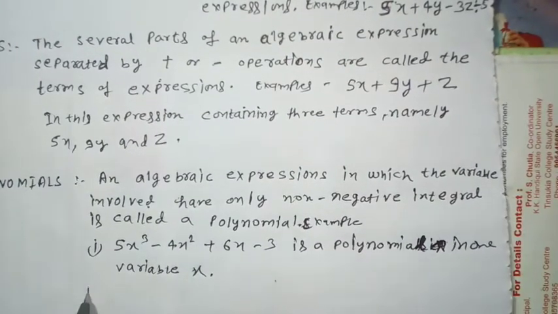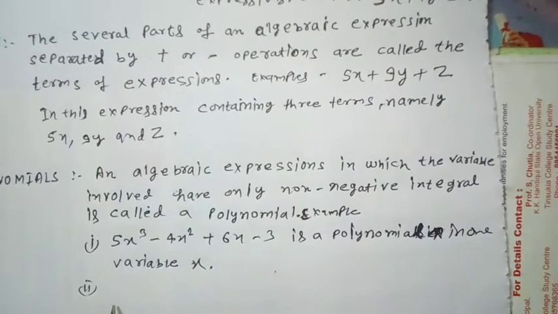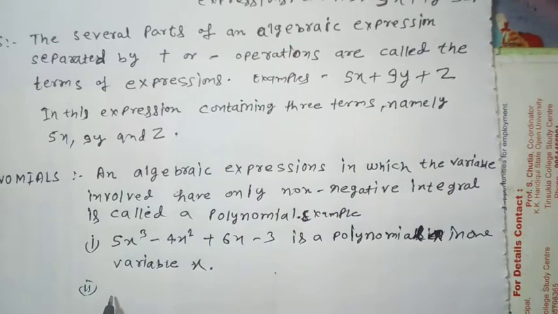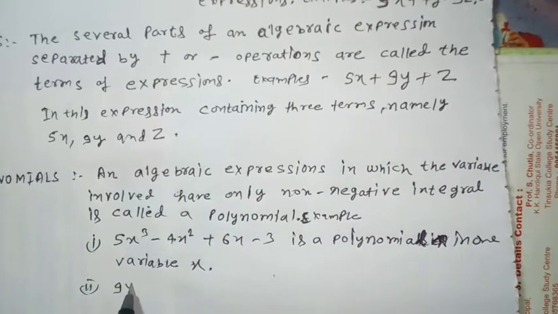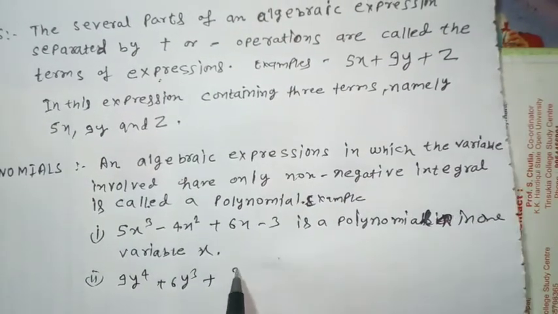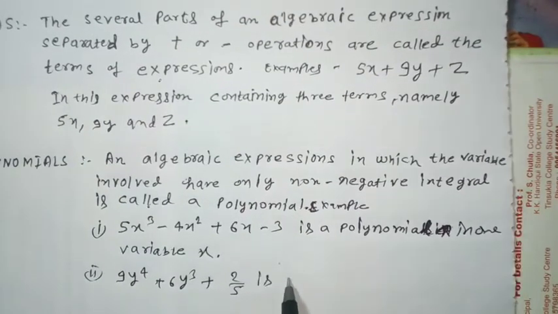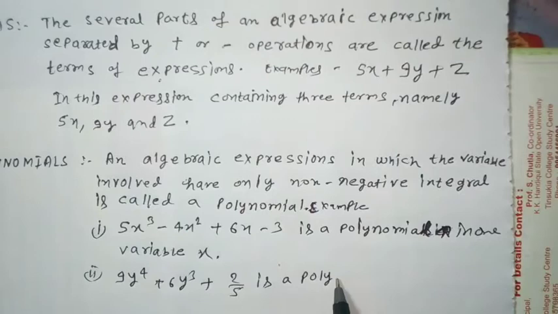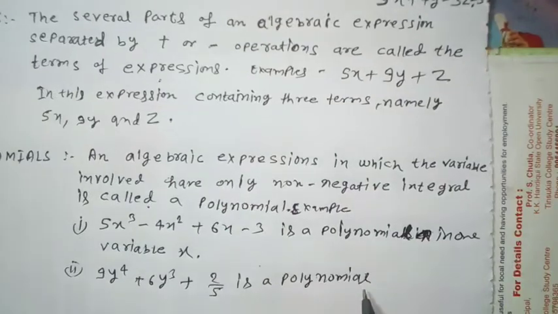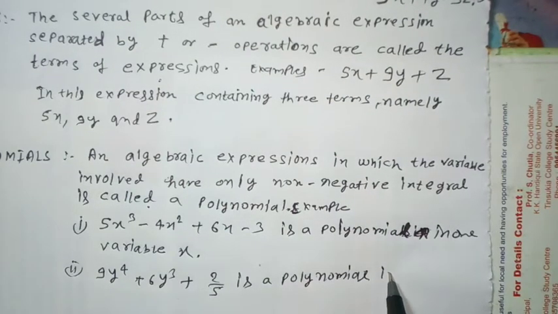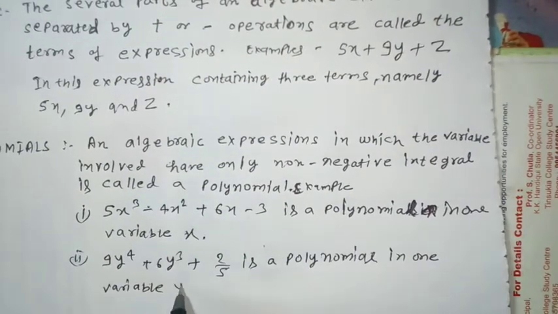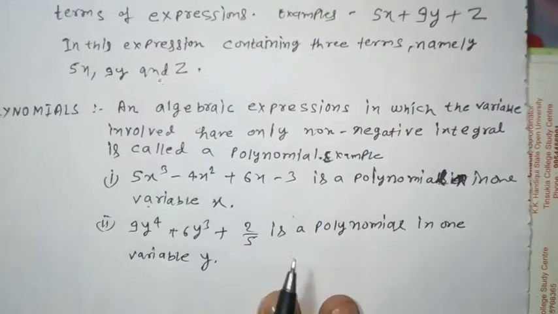Okay, similarly 9y4 plus 6y3 plus 2 by 5 is a polynomial in one variable y.